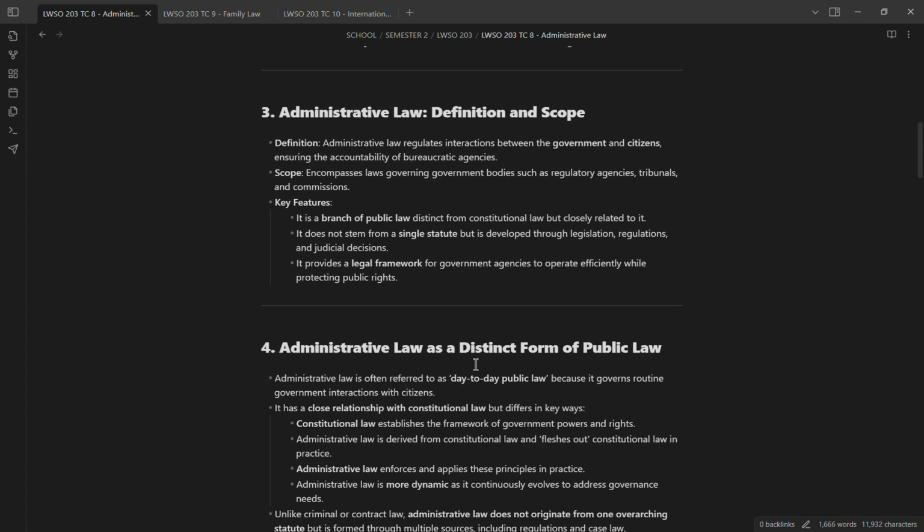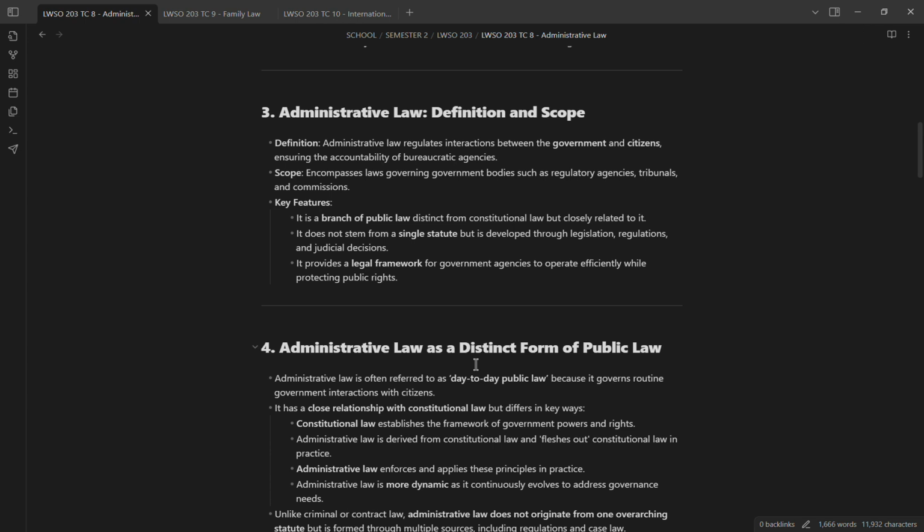Let's get into it. The definition and the scope of administrative law. We already touched on this a little bit, but we'll reiterate. Administrative law regulates interactions between the government and citizens, ensuring the accountability of bureaucratic agencies.